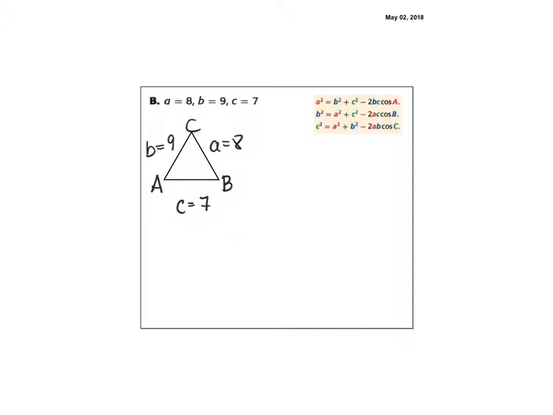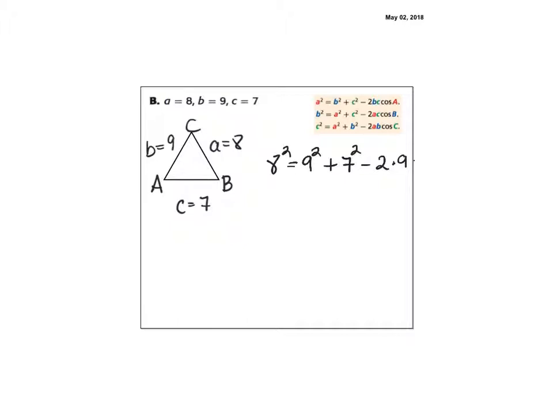So I know that a squared, I'm going to use the first formula here. And I know that a squared is equal to 8. So I got 8 squared is equal to b squared, which is 9 squared, plus c squared, which is 7 squared, minus 2 times b, which is 9, times c.